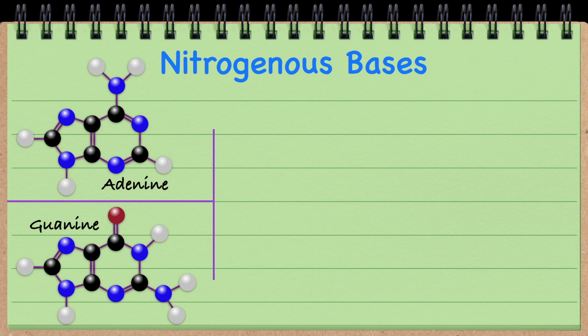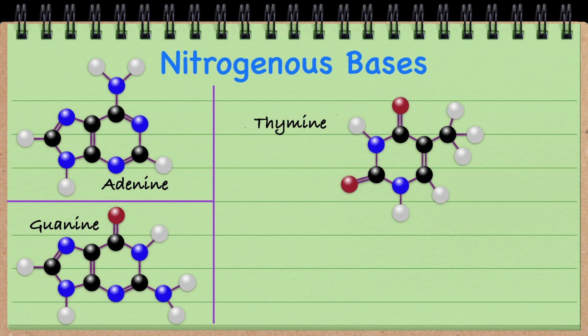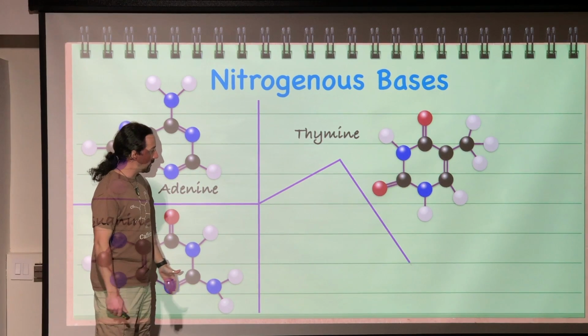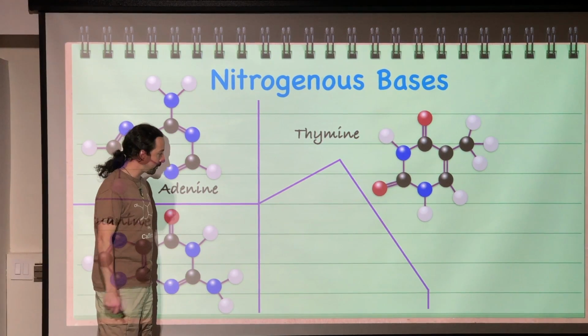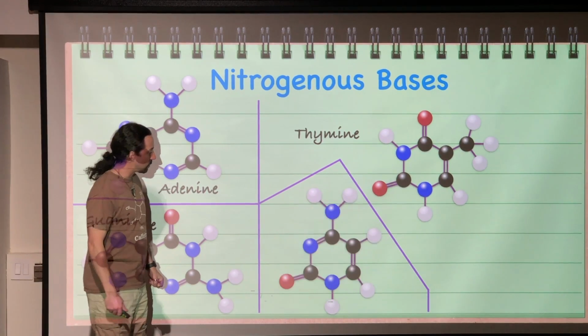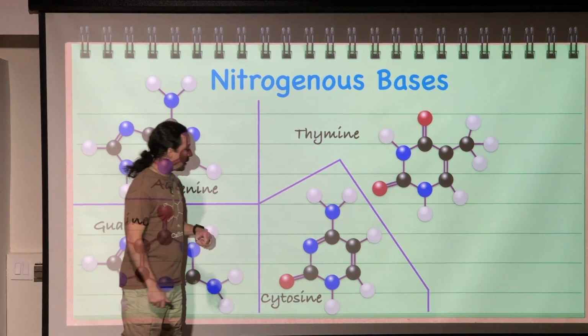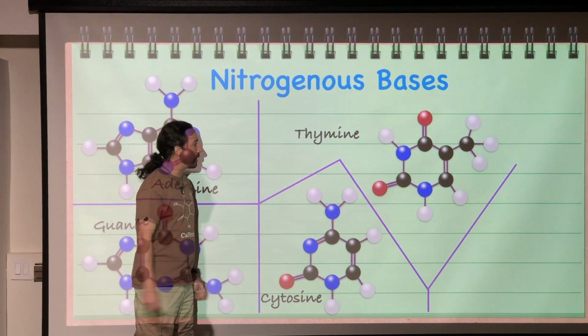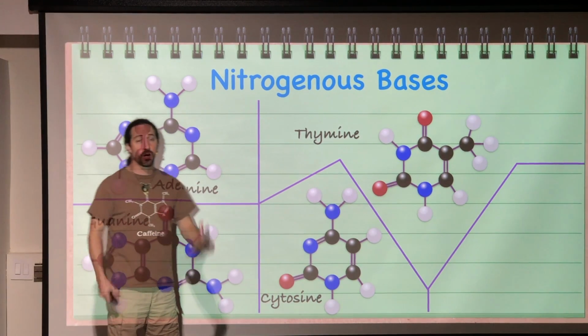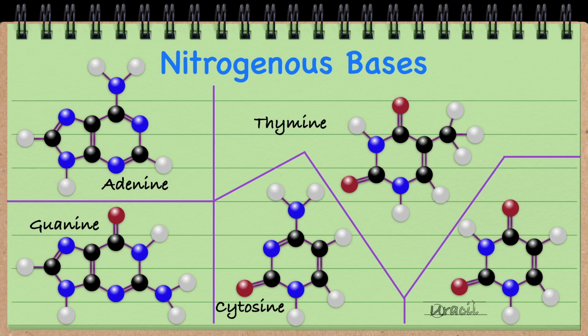On the other hand, the other 3 nitrogenous bases, of which thymine is one, and then we could have cytosine right here. And the last one, uracil. You'll notice that each of these are only single ring structures, and these are all called pyrimidines.